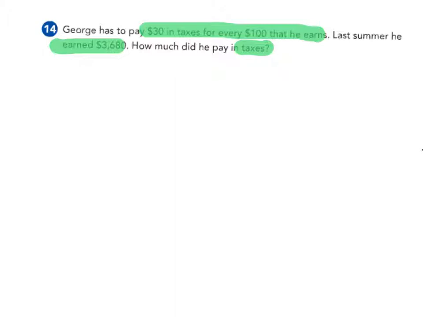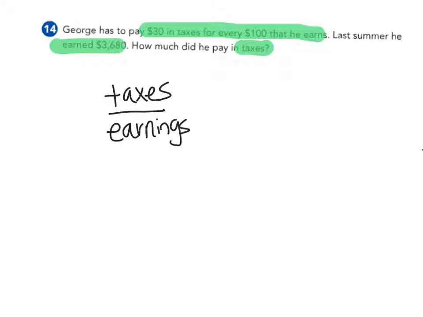So what I'm going to do is start by setting up a proportion. I'm going to put taxes on the top and money or earnings on the bottom. To set up a proportion, I need two ratios, so I want to make sure that taxes go on the top for both of my ratios.